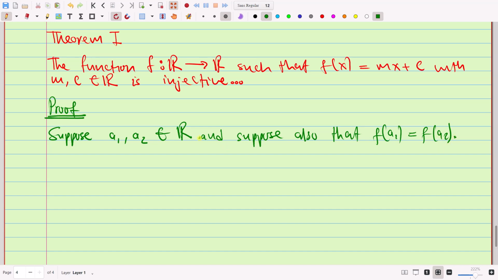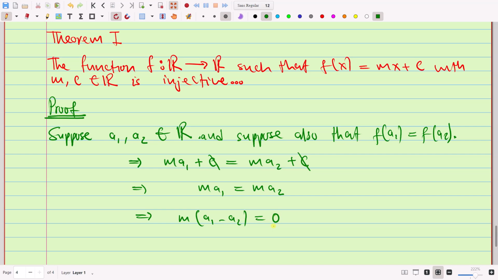So let's suppose these two statements are true. If this is true, what does it mean? It means that mA1 plus c is equal to mA2 plus c. These cancel, so it follows that mA1 is equal to mA2. Finally, we have that m times (A1 minus A2) is equal to 0.